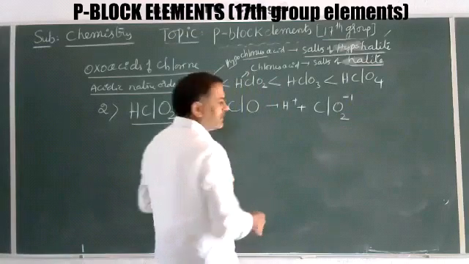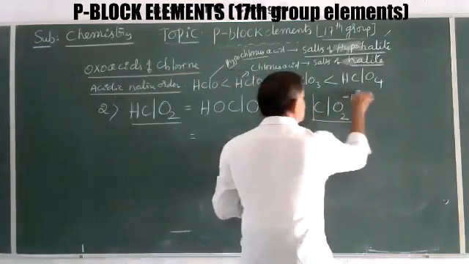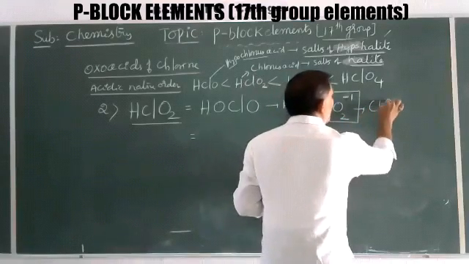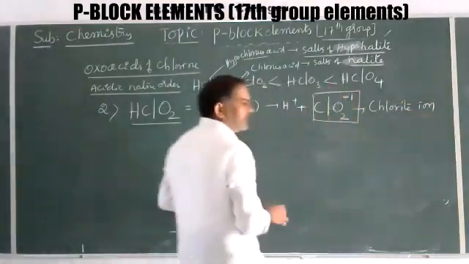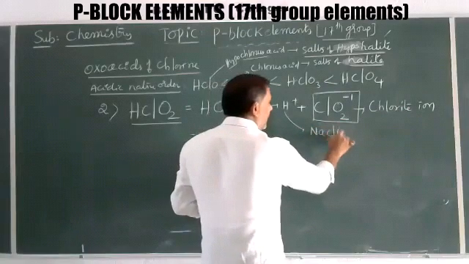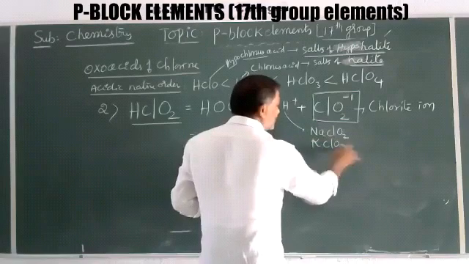This acid is unstable, but the ion is stable. This ion is called the chlorite ion. It combines with sodium like NaClO2 or KClO2.